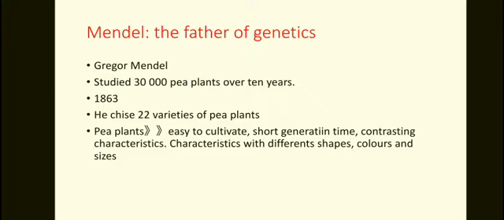He chose pea plants because they were easy to cultivate, they had a short generation time, and because of the contrasting characteristics, such as shapes, colors, and sizes.